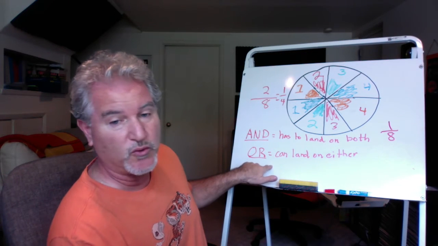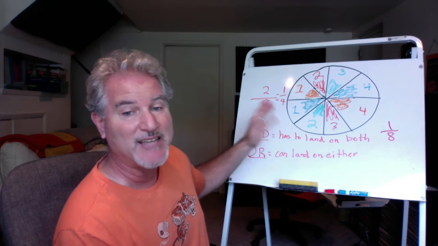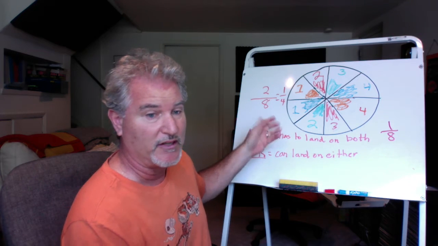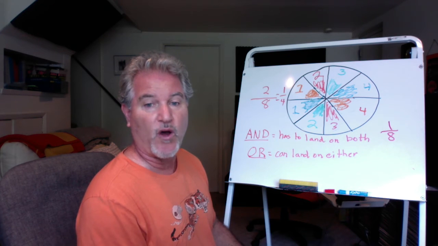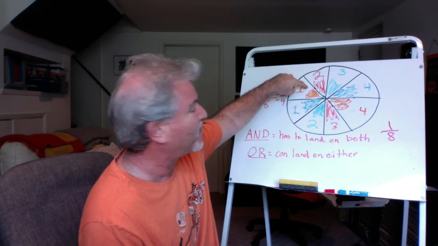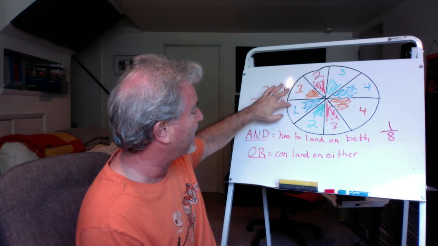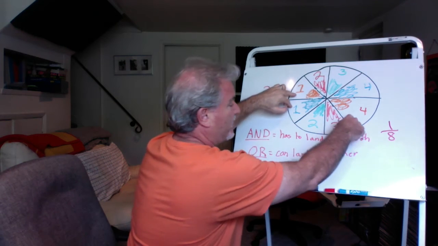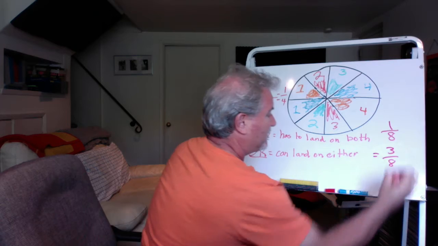When you do "or," you have to make sure that you're counting all of them, but you're not double counting. This is important. So what's the probability of it landing on a 1 or an orange? I've got 2 oranges and 2 ones, but one of them is the same space. So it could land here, here, or here. The correct answer would be 3 out of 8.